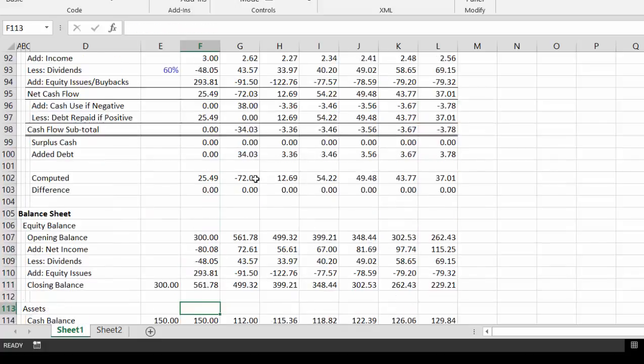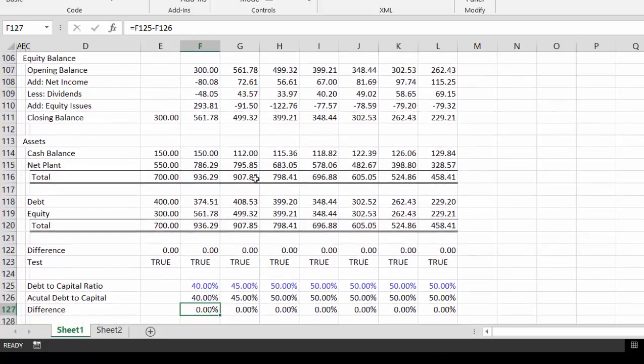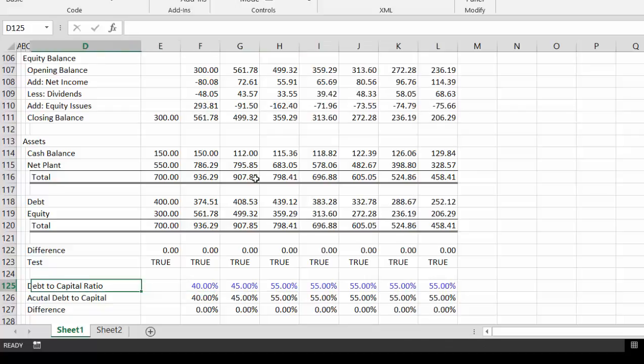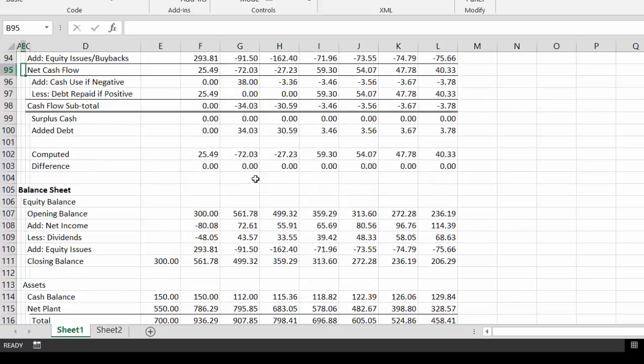Now what we can do here is change the capital structure. Let's say we want to go up to a 55% capital structure. Okay, everything's working. Right? There's a little problem here that the dividends can be negative, and we should change that both in the function and in the macro.